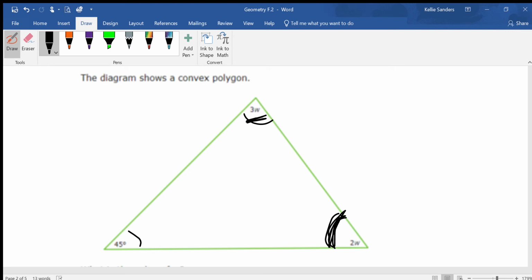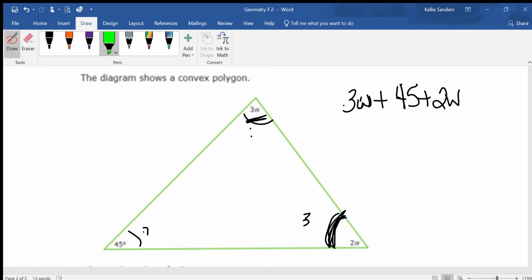So this is how I would set it up. We have three angles, 1, 2, and 3. So we have 3W, which is one angle, plus 45, plus 2W. So this is one angle, this is one angle, and this is one angle.